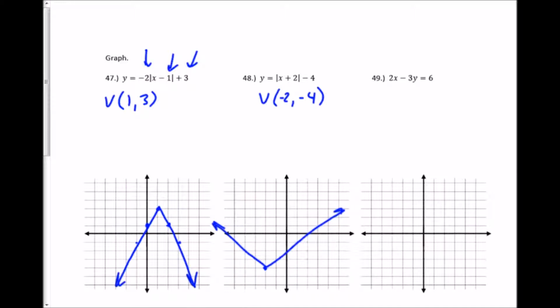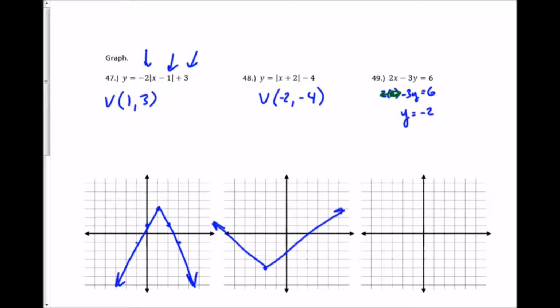This last one, there's two ways I can approach this. You can solve this for y and put it in slope-intercept form and then plot the y-intercept and follow the slope. Or we can just put zeros in here. If I plug a 0 in for x, essentially I have negative 3y equals 6, which means y equals negative 2.